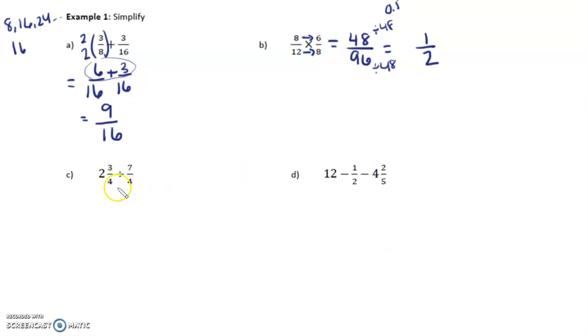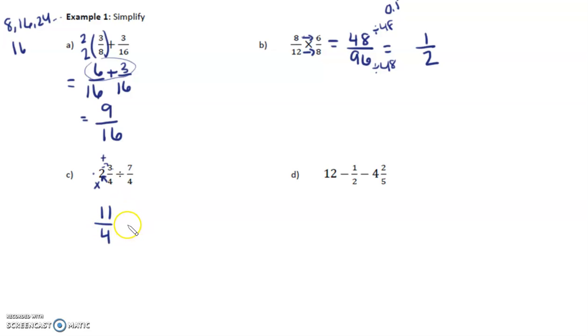Okay, C. We have 2 3/4 divided by 7/4. We can't do anything with mixed numbers, so let's convert this into an improper fraction. We multiply, and then we add. So 4 times 2 is 8, plus 3 is 11.